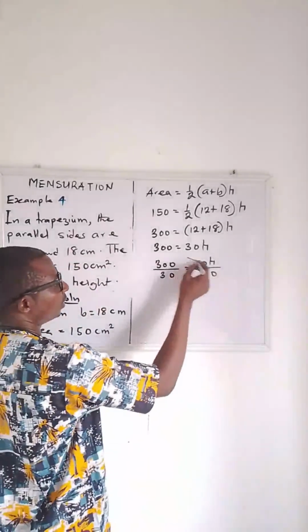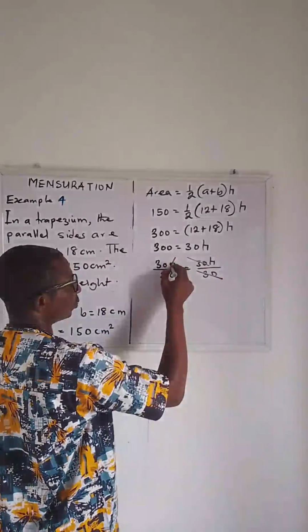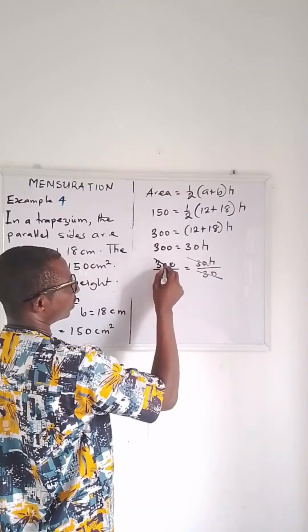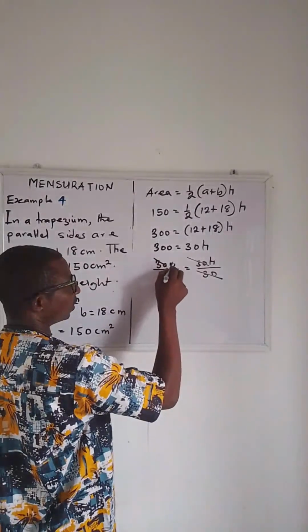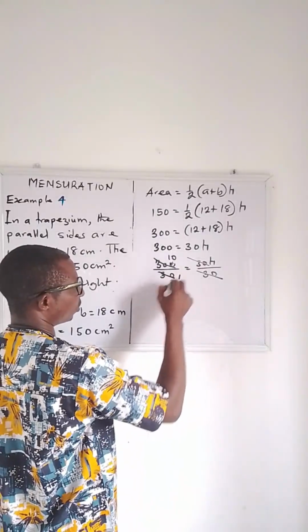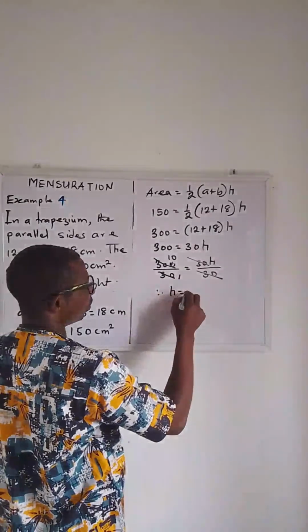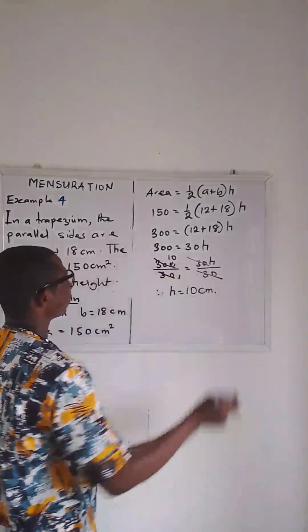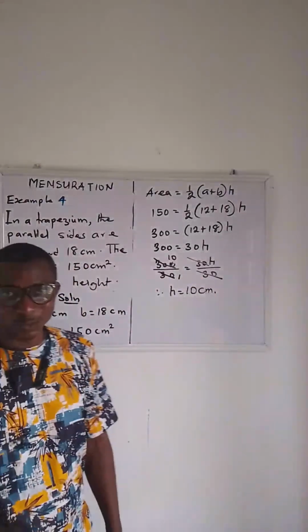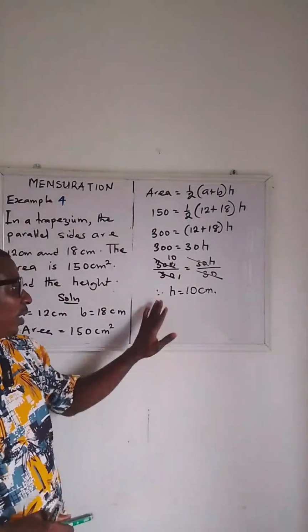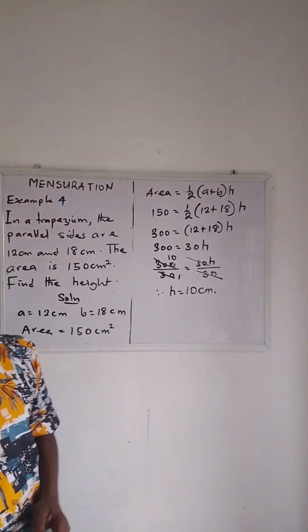So now this cancels this. 30 goes in 300, we have 10. And 30 goes in 30, we have 1. So therefore, H equals to 10 centimeter. And that's going to be the answer. So I want to believe you all get that now. Okay. So the height is 10 centimeter.